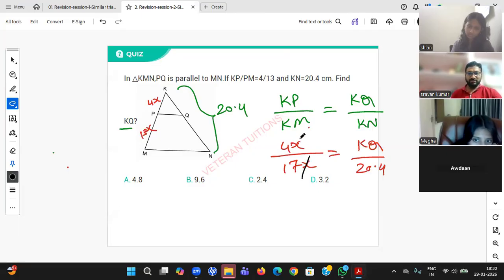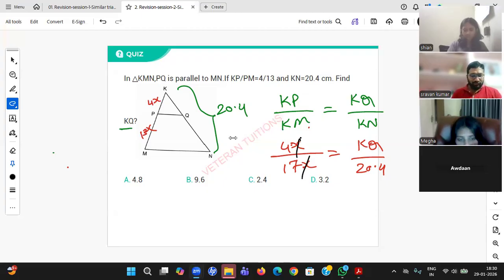You can solve it. Right answer. So I have used the extension part, that is nothing but the corollary of BPT, because he has given the total. That's all.